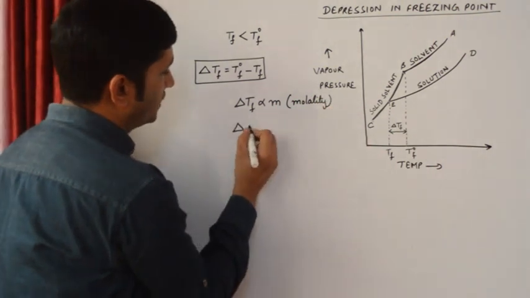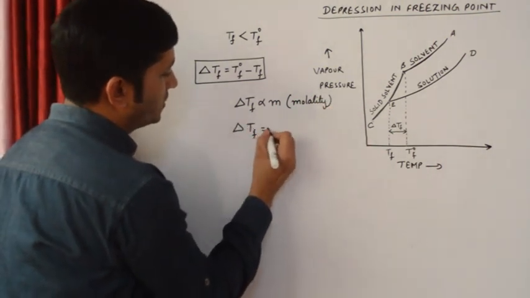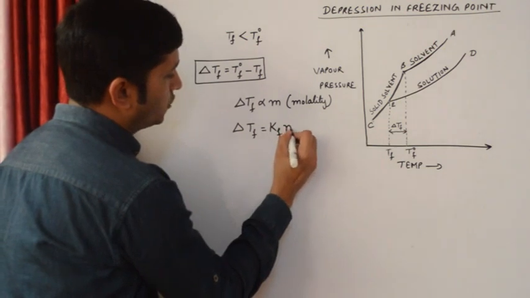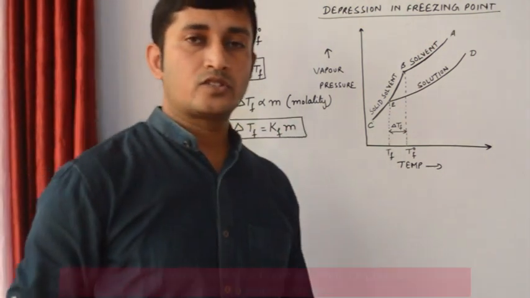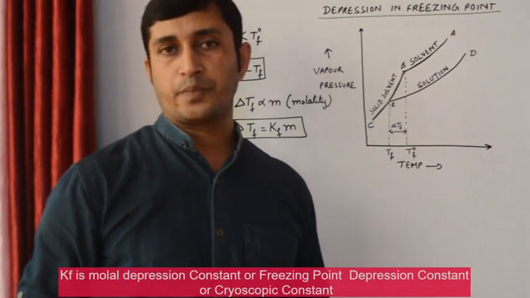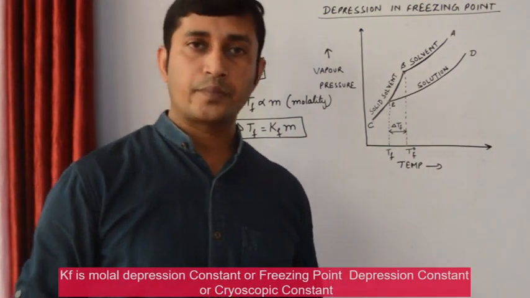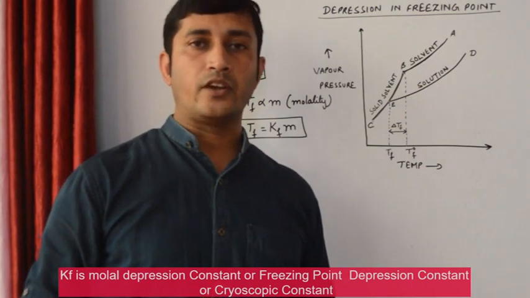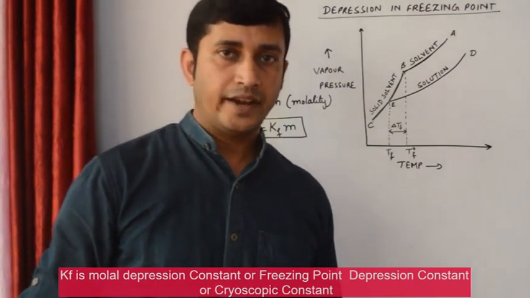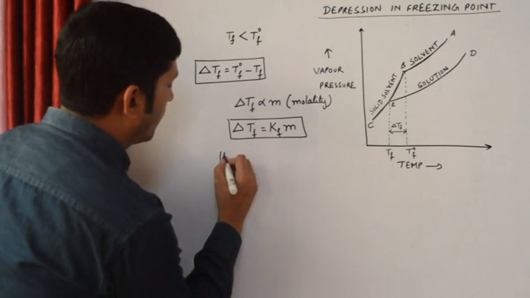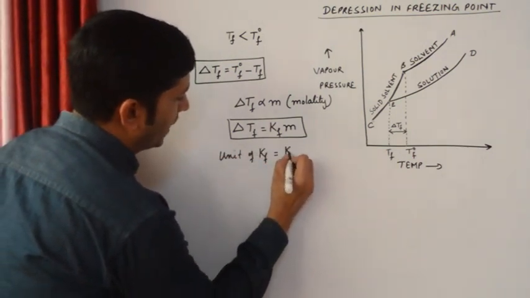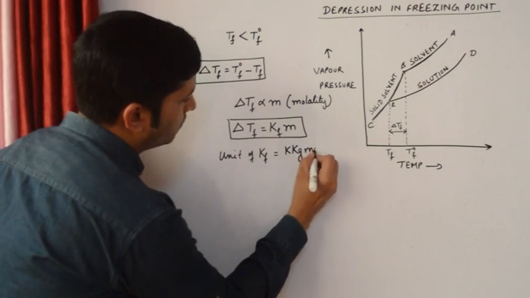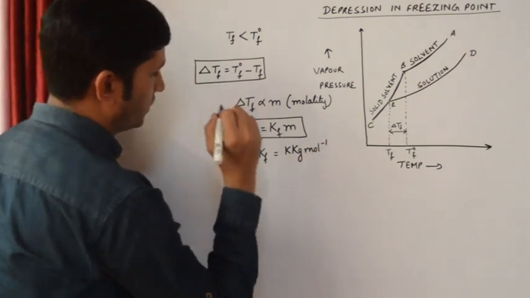We can write it as delta TF is equal to Kf into m, where Kf is known as freezing point depression constant or molal depression constant, also known as cryoscopic constant. Its unit is Kelvin kilogram per mole, that is Kelvin kilogram mole inverse.